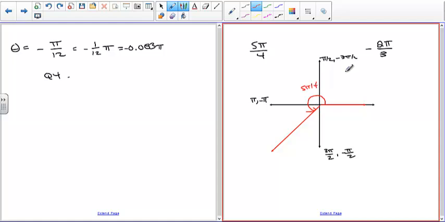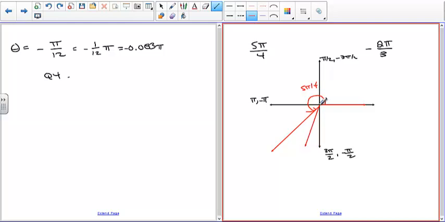Okay, now the next one, we're going to go negative 2 pi over 3. That's 2/3, which is 0.66. Here we have negative 1/2 pi. It's a similar kind of deal. Instead of going this way, you're going to go this way. So that's 1/2 a pi, and we've got 2/3.